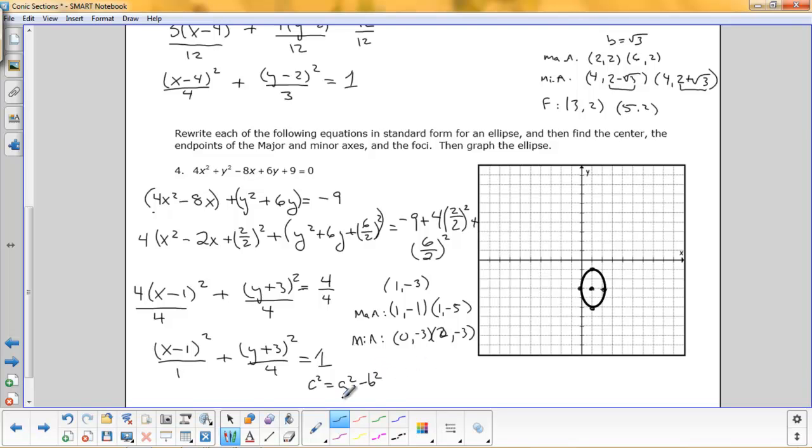The foci are located by finding c squared equals a squared minus b squared. That's going to be 4 minus 1, so that means the value of c is going to be the square root of 3. So the foci are located at (1, -3 plus or minus the square root of 3). Now this is in relationship to what I wrote prior for the minor axis.